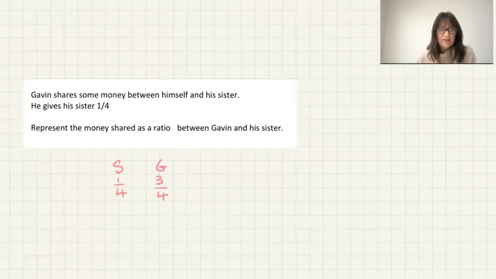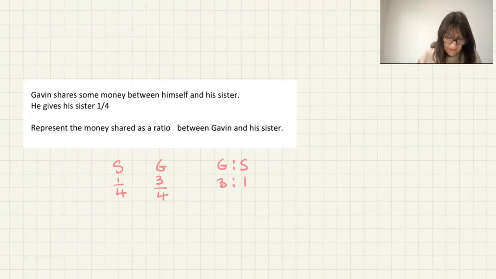Now we've got to represent the ratio as Gavin to his sister. So the ratio, Gavin to sister, is going to be 3:1.